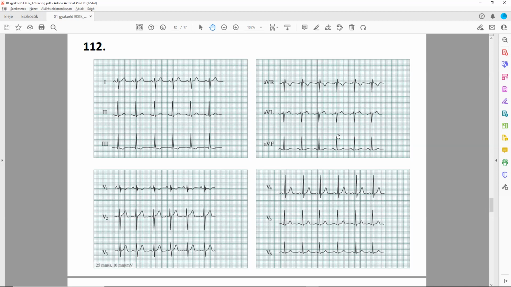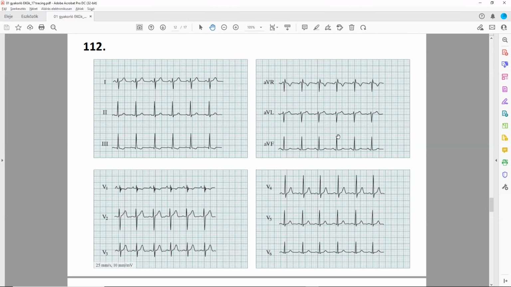Okay. So if I want to choose the equiphasic one, I should choose AVR. Okay, so the perpendicular to this one will be lead number 3, which is positive. So I would say the axis is around plus 120.